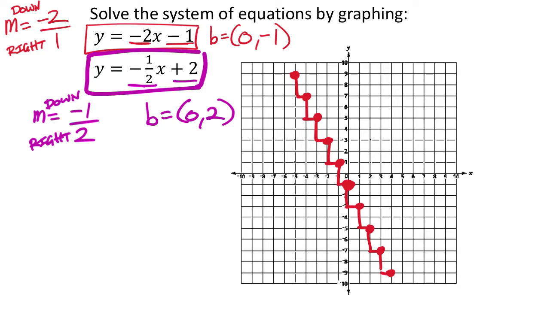And with the slope and y-intercept, I'm ready to graph this. So I put the ordered pair 0, 2 right there. And then I use the slope to find all the other ordered pairs. So I got negative 1 over 2, so that's down 1 to the right 2. It's this next ordered pair, down 1 to the right 2, down 1 to the right 2, down 1 to the right 2.